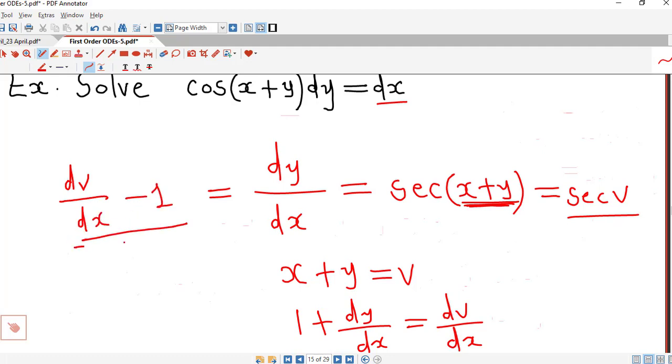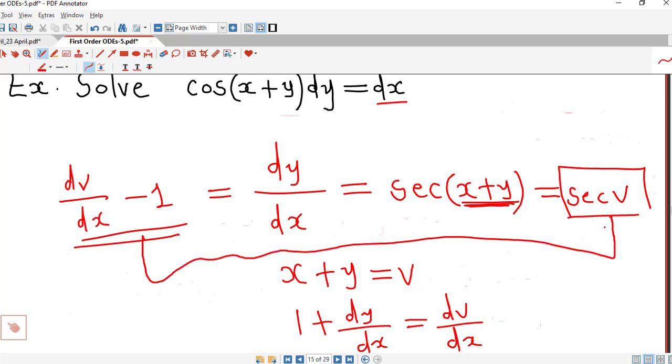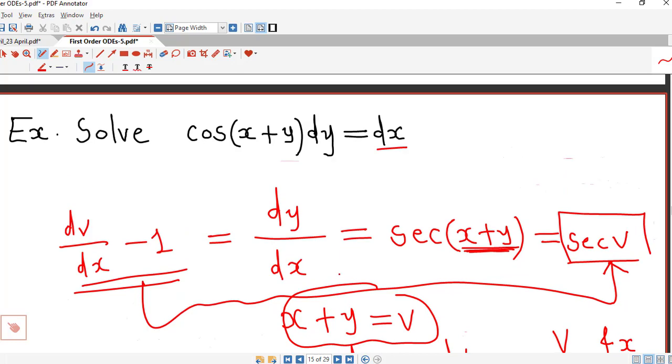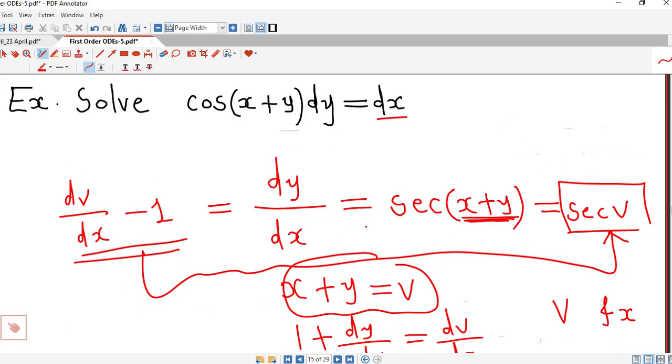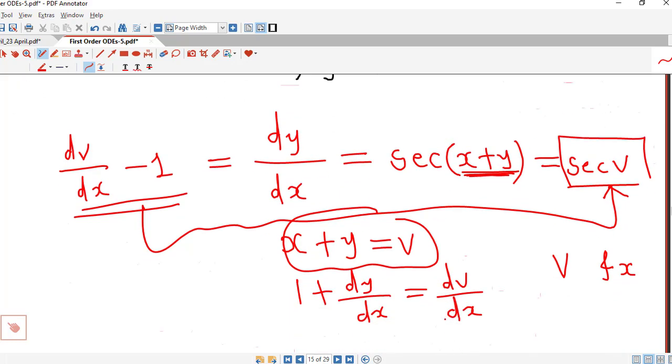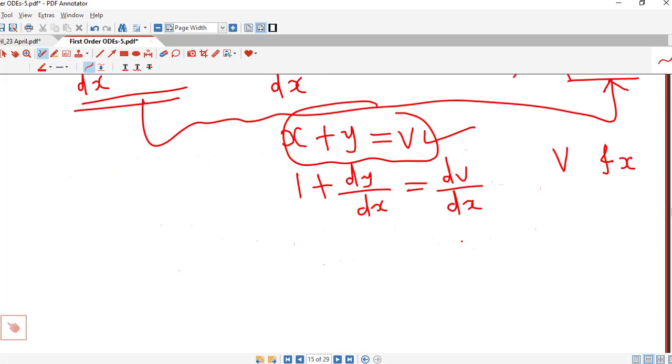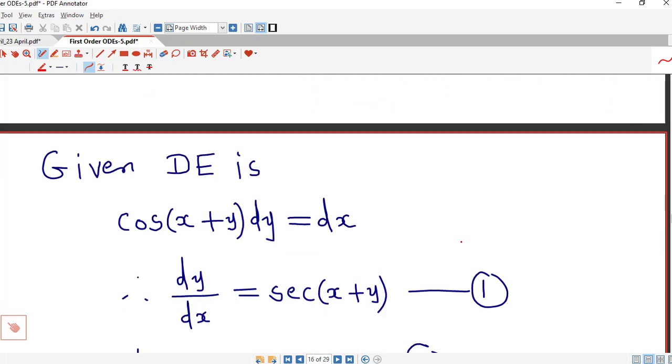So you can see the left hand side is dv by dx minus 1 and the right hand side is sec v. So now this is separable. We can make this equation separable in the new variables v and x. So by using this substitution, we are able to convert this differential equation into separable form, and now we are able to solve it. So I have solved this problem.